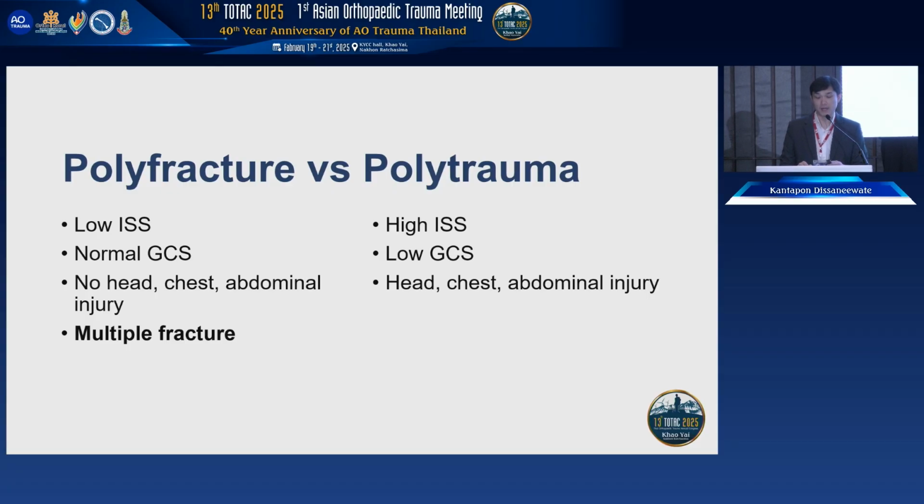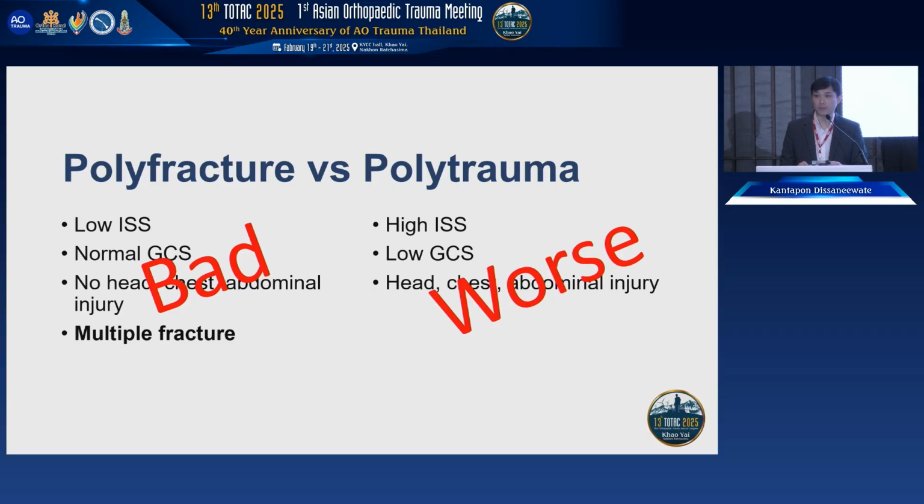But polytrauma is usually associated with high ISS, normally more than 16 or 18, low Glasgow Coma Score, and associated head, chest, and abdominal injuries. So I would say polyfracture is bad, usually for us, but polytrauma is worse for the patient.